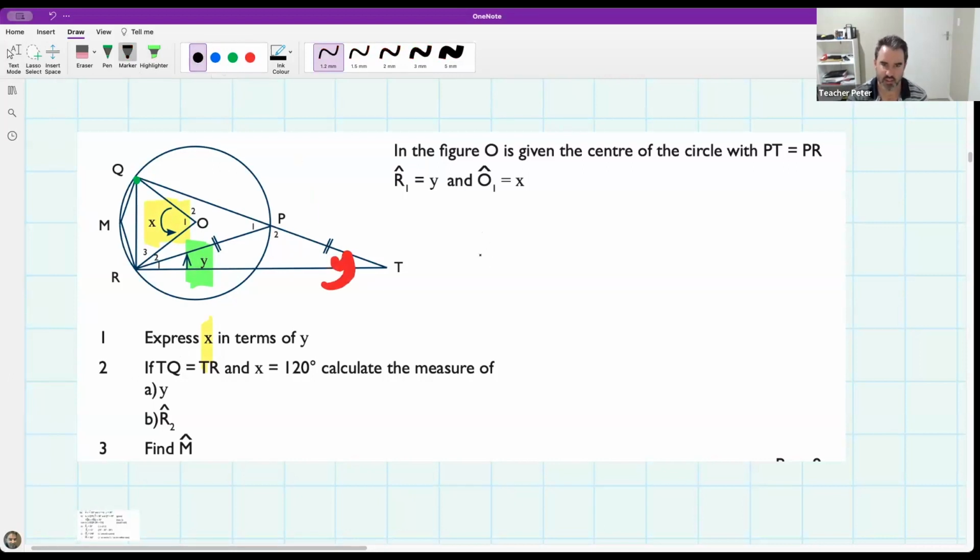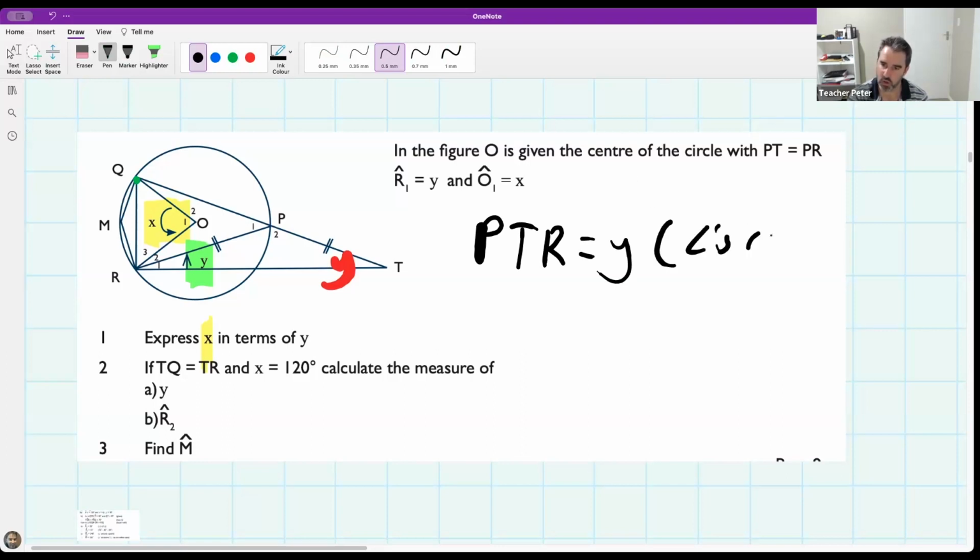So I can say that PTR is y. And the reason it's y is angles opposite equal sides.